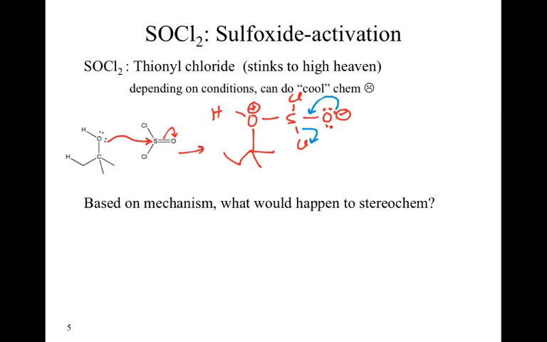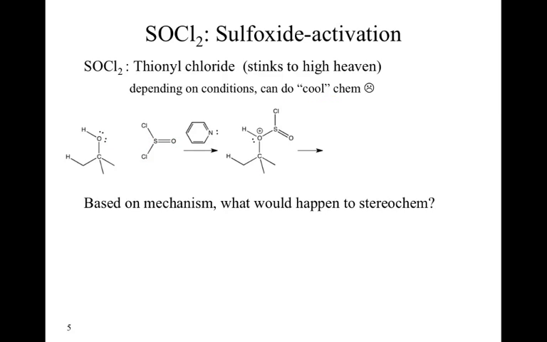Because we can now start to be lazy with our mechanisms, one of the things that you may see would be the electrons come out, attack the sulfur, the electrons go to the oxygen, the electrons go back to form the pi bond, and the electrons kick out the chloride. So what we've done is kind of condensed that big long mechanism that we just drew into one big step, which can get us to that next part.